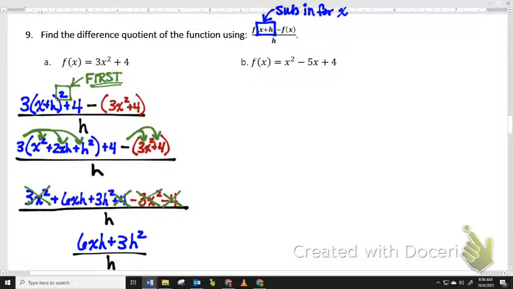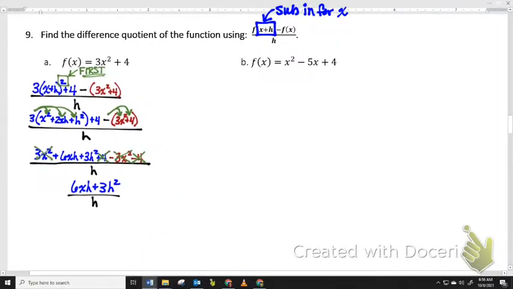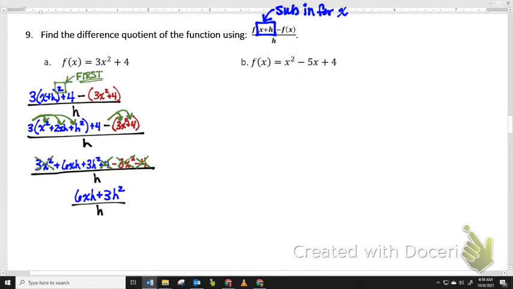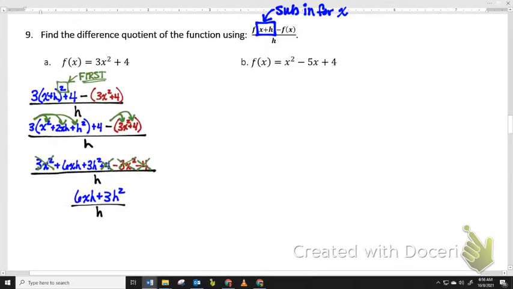Can that simplify any more than that? Yes. How? Take out the h, and then cancel it out. Yes, I can take an h out and cancel those out. I can also take what out? A 3. Does that help me reduce my fraction at all, though? Then I'm not going to take the 3 out. Anytime it says fully simplify, I don't want to factor things out unless it's a fraction and it's going to help me reduce it.